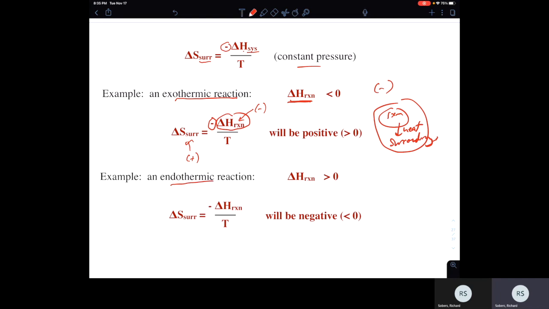Now, if you have an endothermic reaction, delta H is going to be positive. We already have our negative in this relationship because we're relating surroundings to the system. So it's equal but opposite for the heat. If this is positive because it's endothermic, so now we have the reaction and then the surroundings.